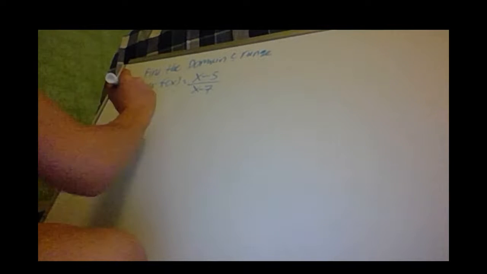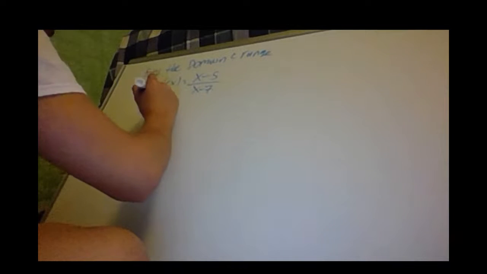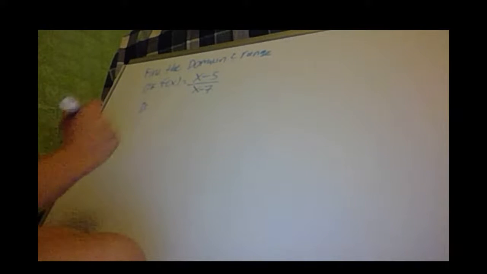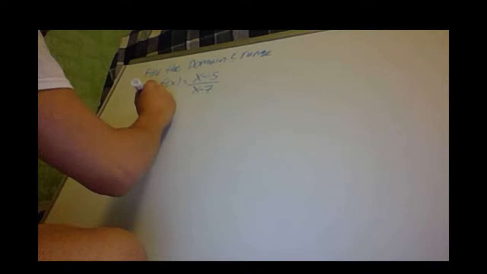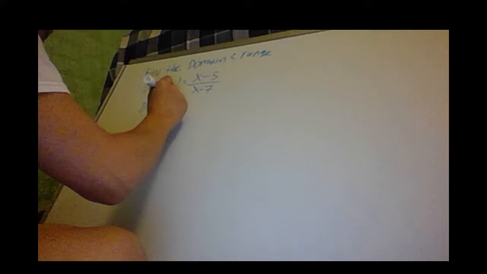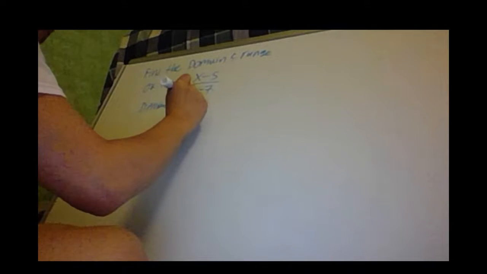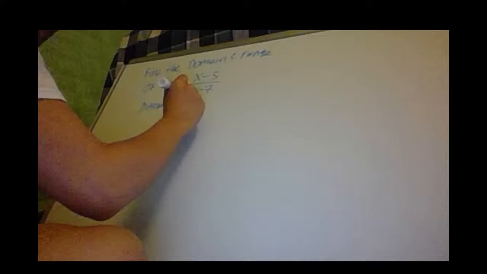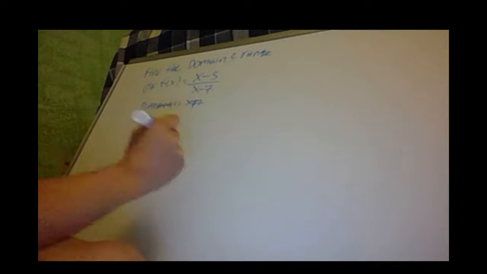Now, the domain, like I said, is going to be all real numbers such that x does not equal 7, right?